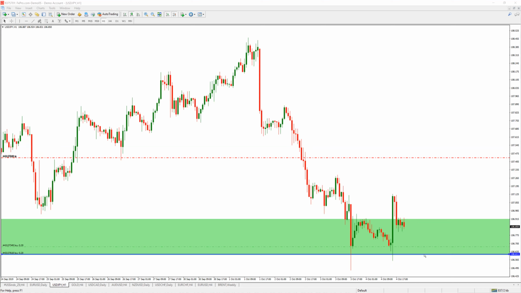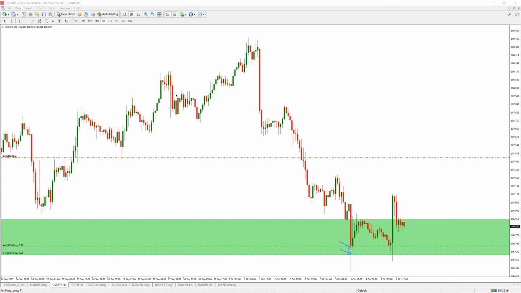Now if you look at my entries, let me just clear up and remove this blue line. If you look at the entries, I opened them here, when this red candle was here. So this means I'm trusting my analysis.